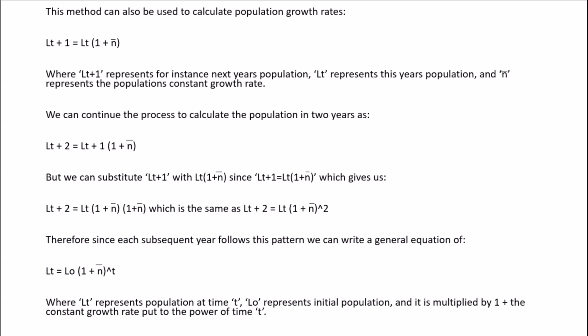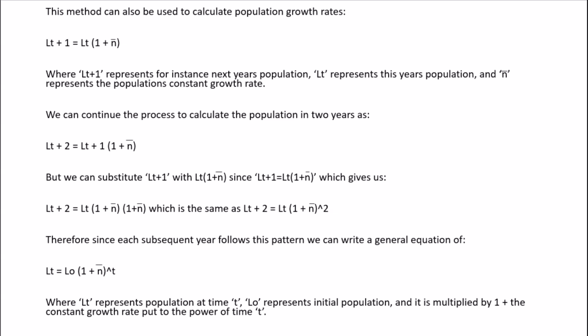We've basically just substituted it, and this is the same as LT plus 2, so population in 2010 being equal to the initial population, so the initial population, like we said, in 2008, multiplied by 1 plus the constant growth rate to the power of 2.